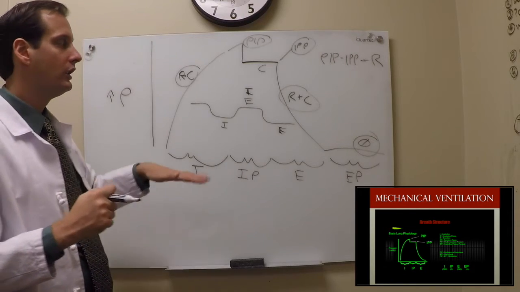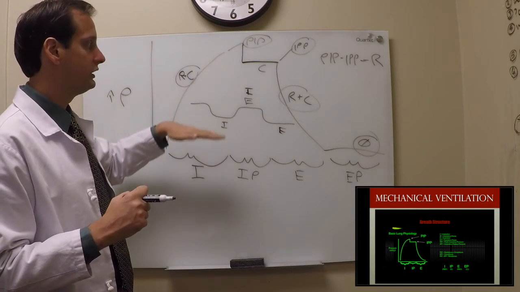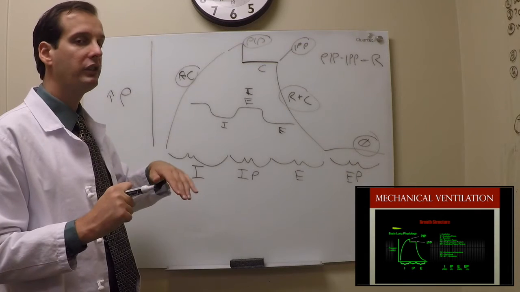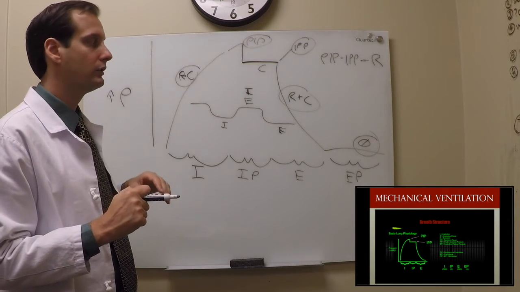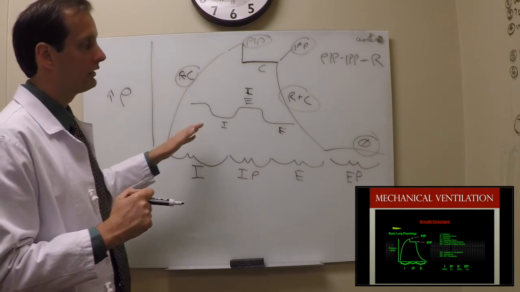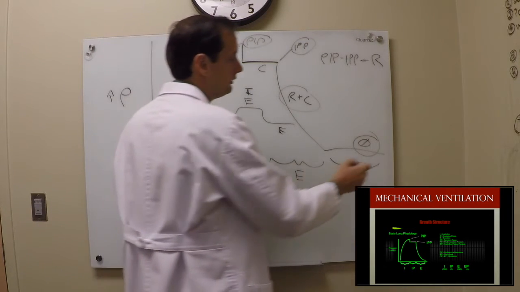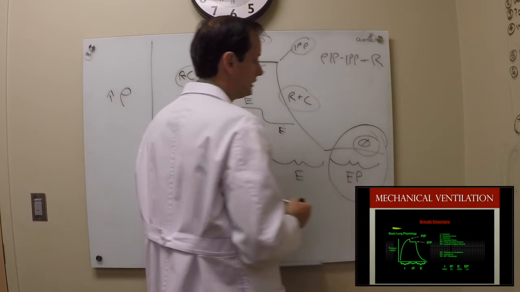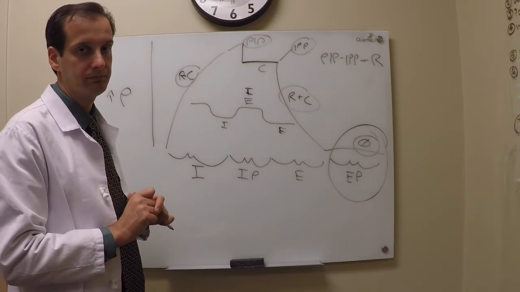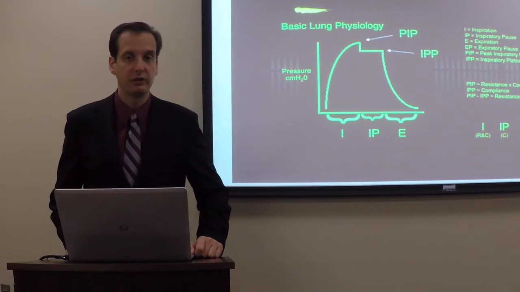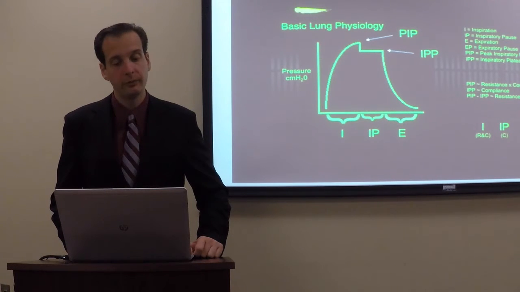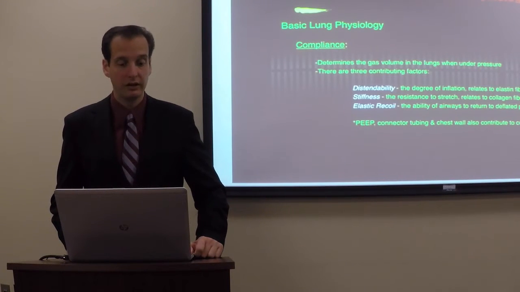So just remember, determining where inspiration and expiration is depends on whether you're mechanically ventilated or not. However, regardless of whether you're mechanically ventilating or not, lowest pressure will always be associated with end expiration. We will discuss the two concepts of compliance and resistance in detail, and we will start with compliance.